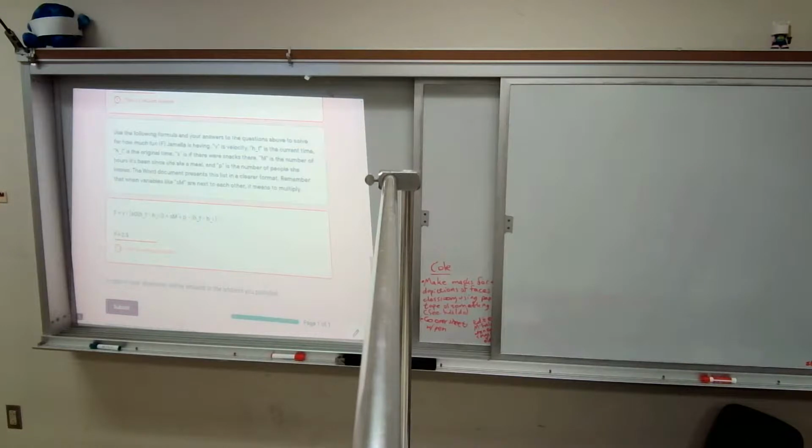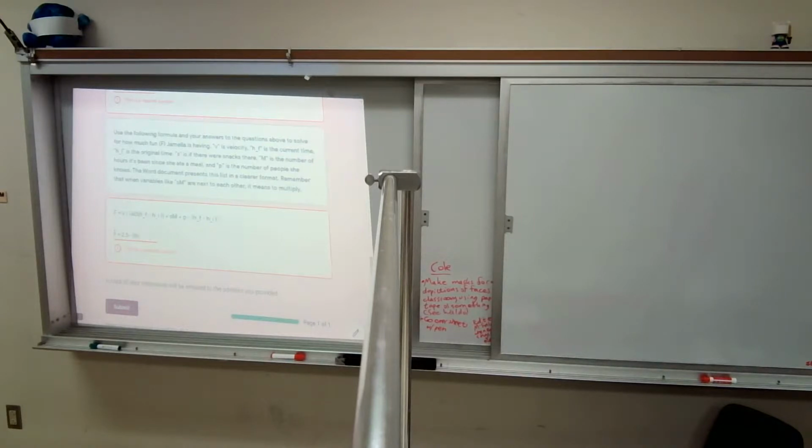And 2.5 minus HF minus HI. HF is the current time, which is 9.25. Oh, I'm not doing parentheses. HI is the original time, which was 8. 9.25 minus 8 is 1.25, right? You sure? 8 plus 1.25 is 9.25.